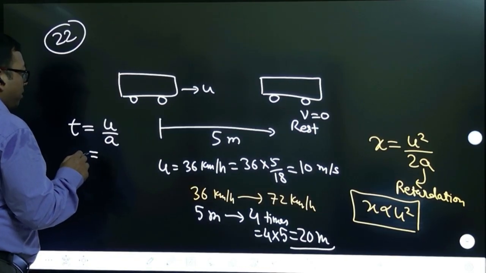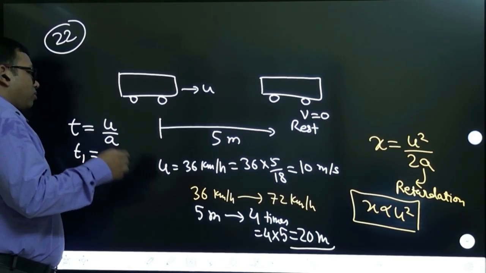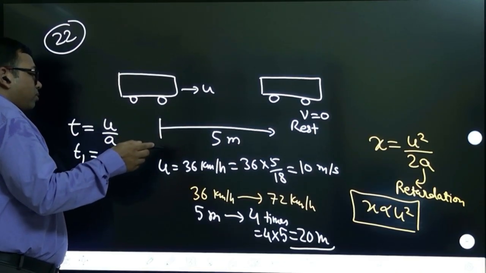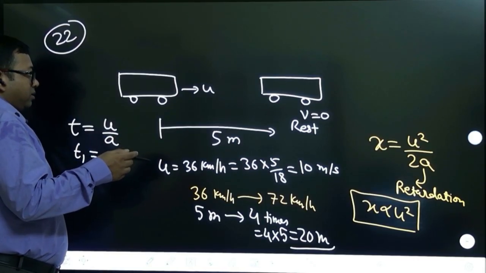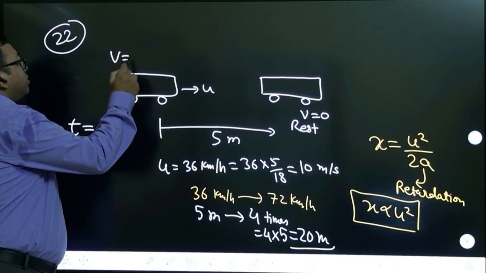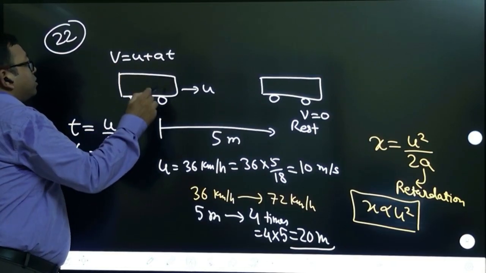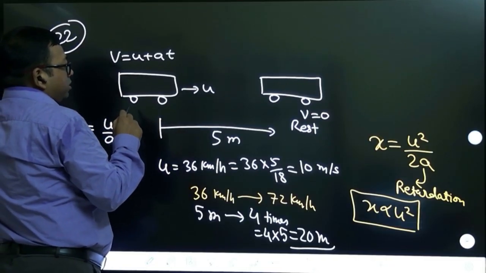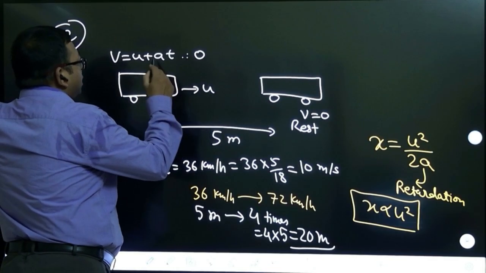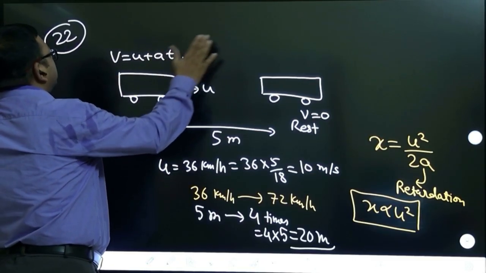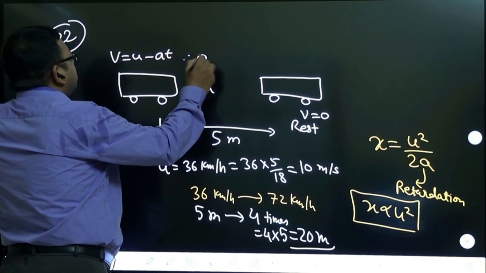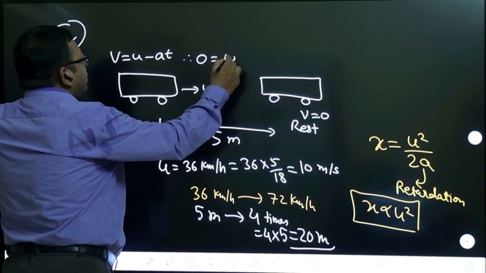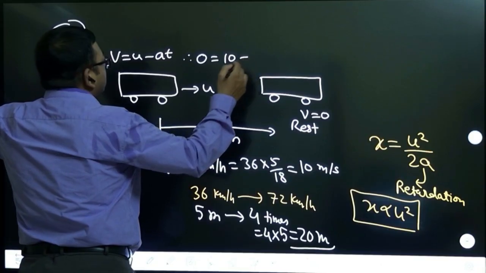You can calculate stopping time in each case. In the first case, let us say the stopping time is t1. They should give that time in the question, or you can calculate it using v equal to u plus at. The final velocity is 0, the initial velocity is 10 meters per second, and the retardation is negative, but it is not given.